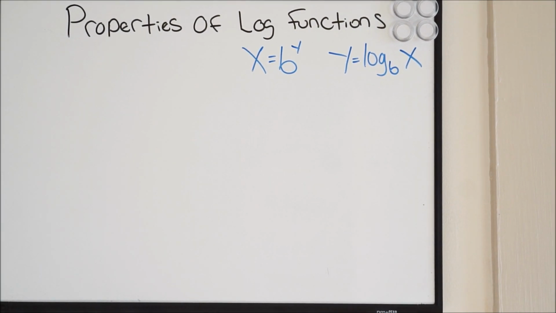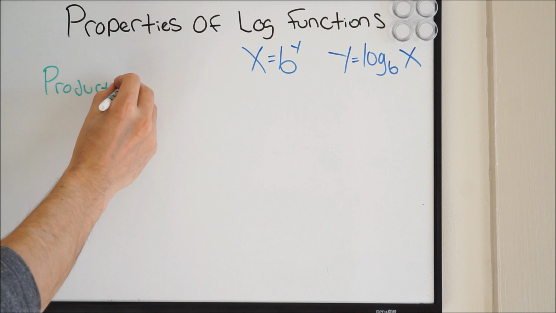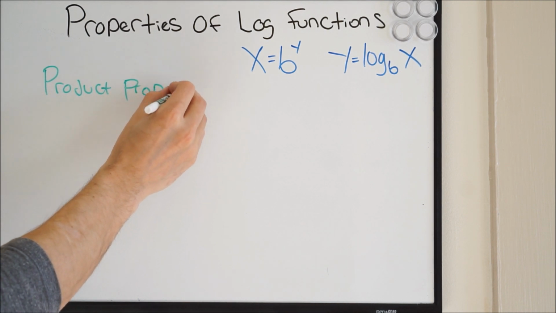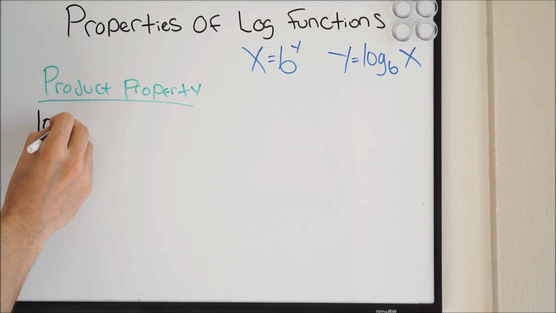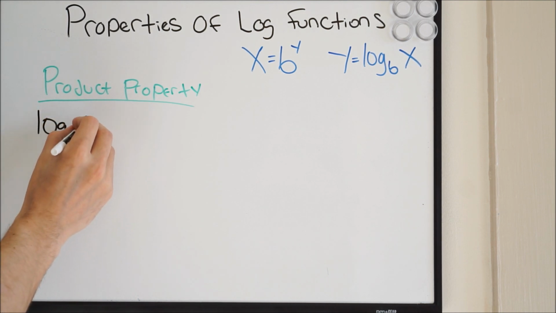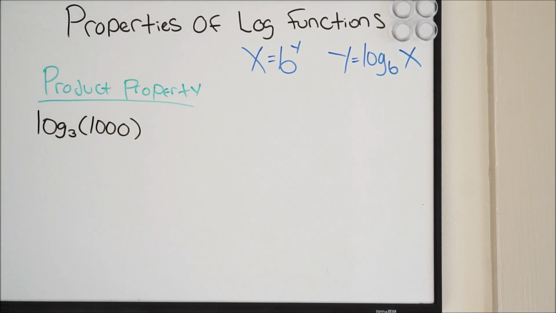Okay, so the first example we're going to go over here is the product property of a log function. So for example here, if I have log base 3 of 1,000, how could I rewrite this using the properties of log functions?